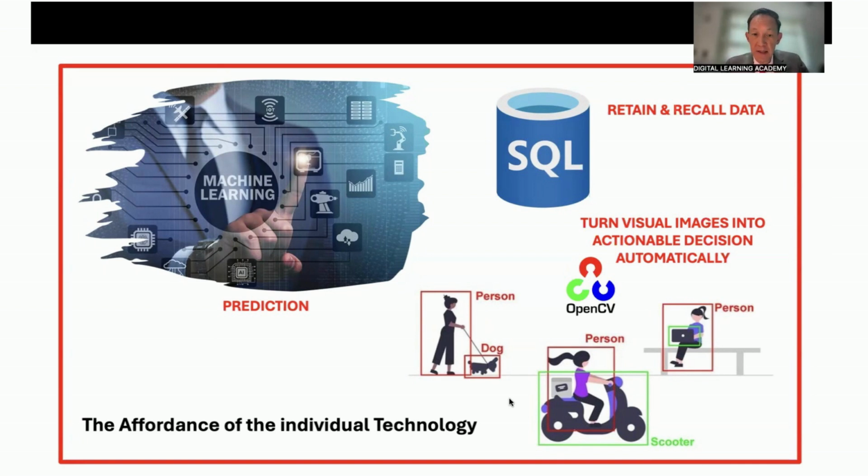SQL databases: you can store real-time data from various sources, then retrieve them from anywhere. OpenCV: digital cameras are available everywhere nowadays. They are capable of capturing images, videos, movement, and turn the inputs into meaningful information.